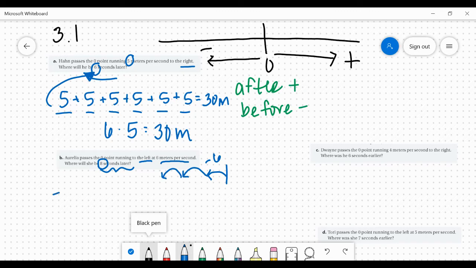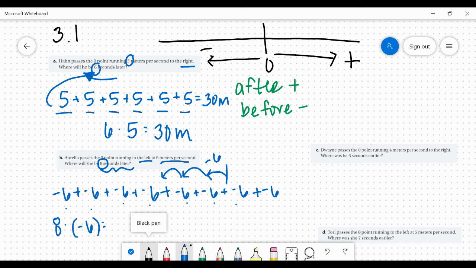So I can think of that as negative 6 plus negative 6 plus negative 6 plus negative 6 plus negative 6 plus negative 6 plus negative 6. Let's double check how many I have. 1, 2, 3, 4, 5, 6, 7. Oh, one more negative 6. So this again is 8 groups of negative 6. And when I add all of these up, I'm going to get negative 48 meters.